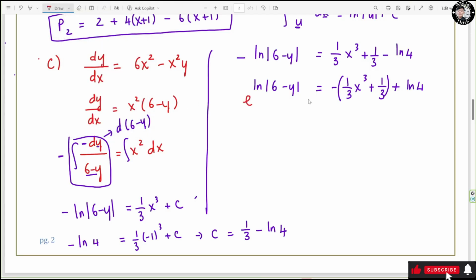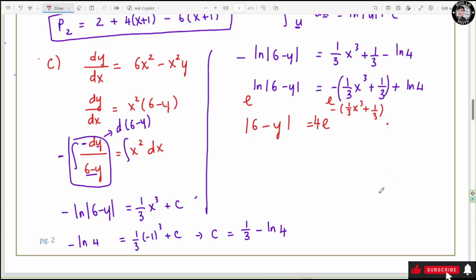So I have e to this one equals e to this one, right? So this guy becomes absolute value of 6 minus y equals e to the negative of 1/3 x cubed plus 1/3, right? Times e to the ln 4, right? Now e to the ln 4 is actually 4, right? So I can bring 4 to the front. Now I need to remove the absolute value sign using the initial condition, right?